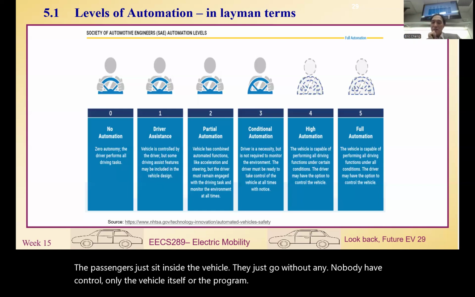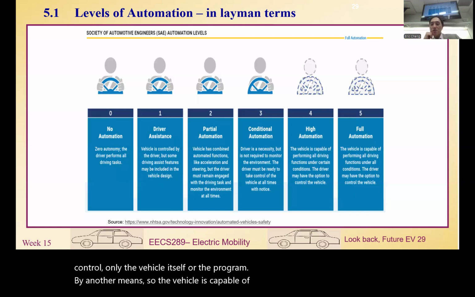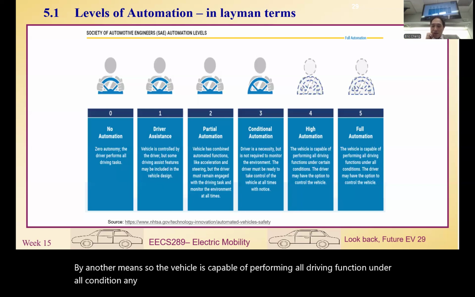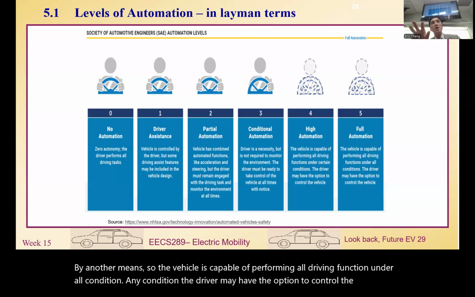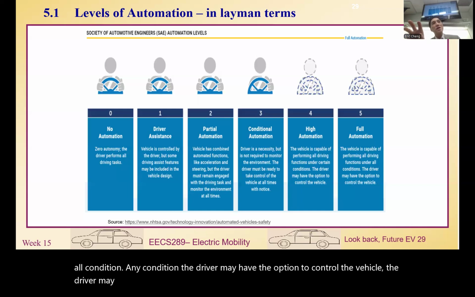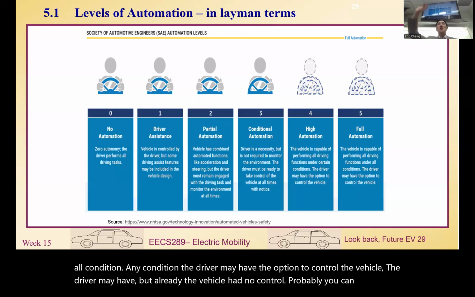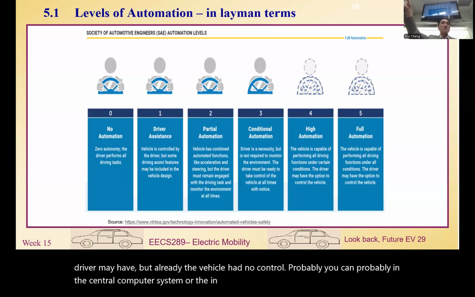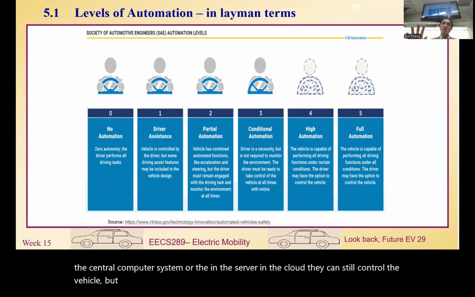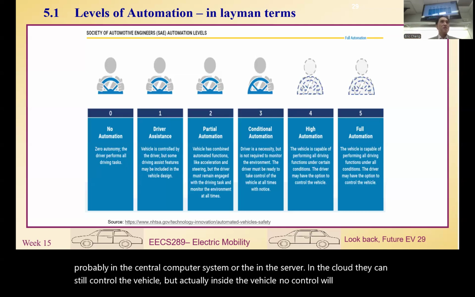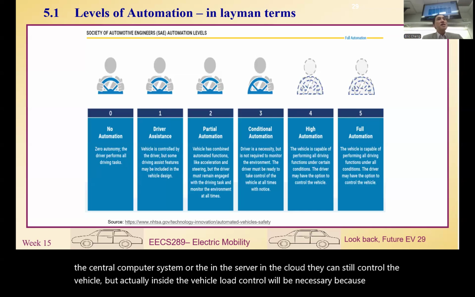So the vehicle is capable of performing all driving functions under all conditions, any condition. The driver may have the option to control the vehicle, but the vehicle has no controls. Probably in the central computer system or in the server, in the cloud, they can still control the vehicle. But actually inside the vehicle, no control will be necessary because all these things don't need to be there.